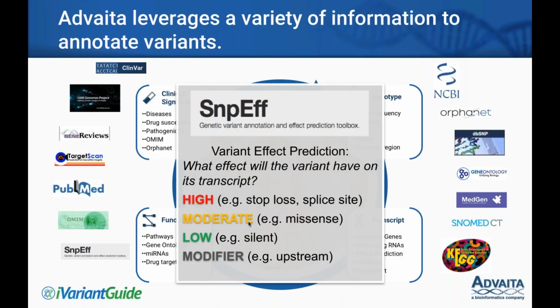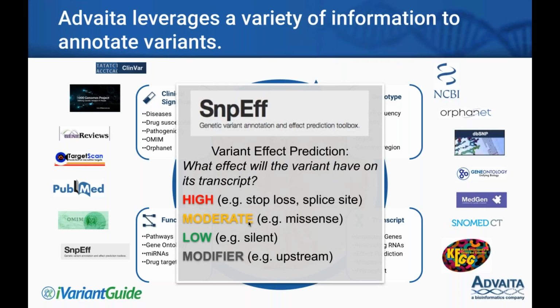In this case, a lot of other variant prediction algorithms use a continuous number system, so the higher your number, the more likely your variant is to be deleterious. But what SnpEff does is it uses a discrete system and ranks each impact as high, moderate, low, or modifier.